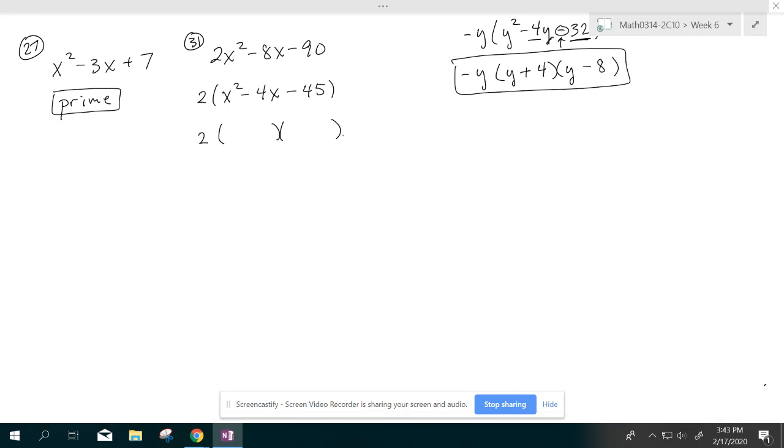The stuff in the parentheses is now a standard trinomial because there's no coefficient of x squared. Can you read the signs? Minus at the back makes them different. X and x to make x squared. And finally, I need numbers that multiply to make 45, that subtract and make 4.